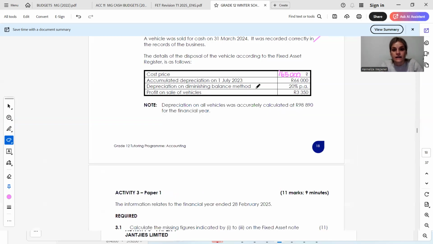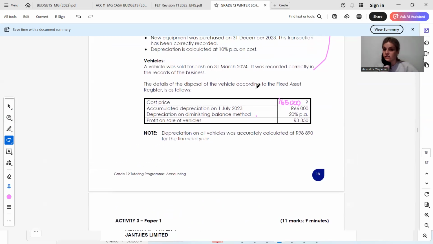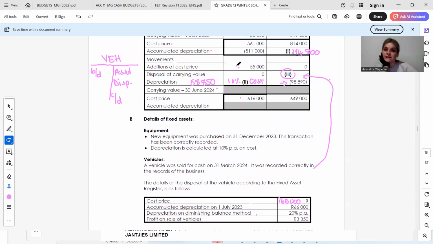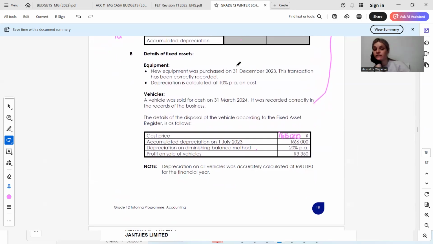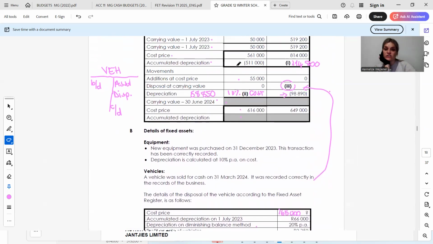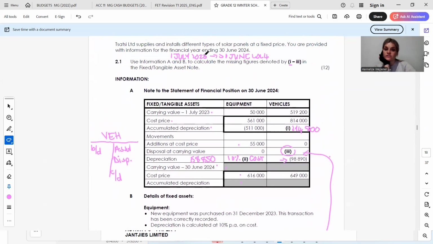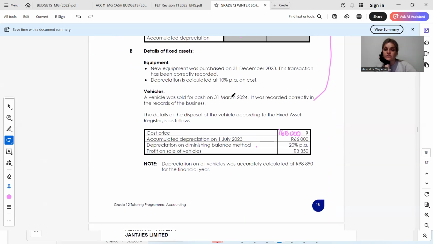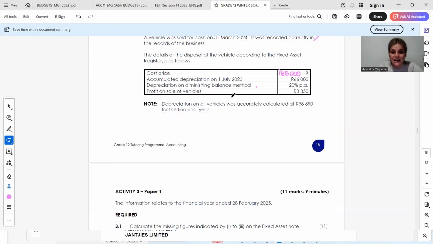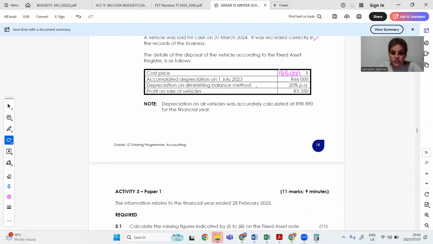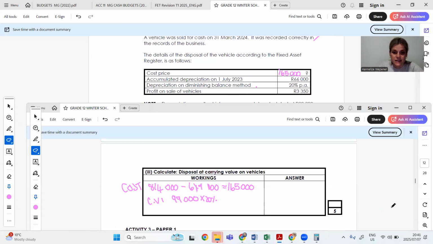And then I only dispose of this asset on the 31st of March 2024. So how many months did I own this asset during the current financial year? My financial year started on the 1st of July 2023. So it's July, August, September, October, November, December, January, February, March. So 9 months in my current financial year, is that not the same months that we had in the previous one?